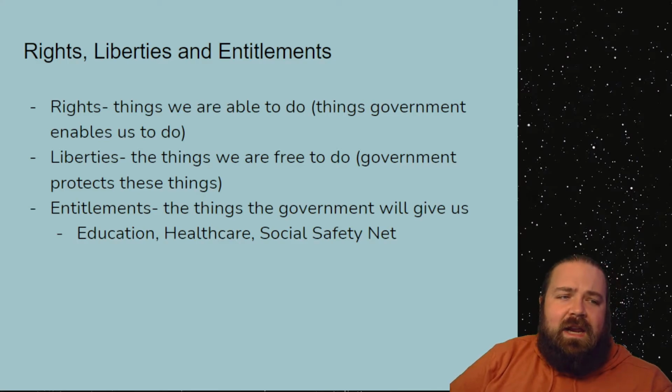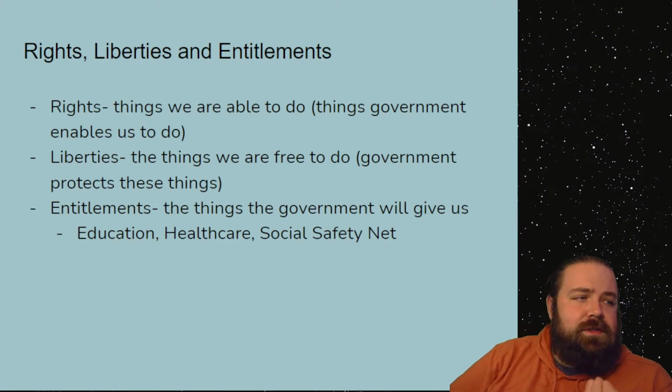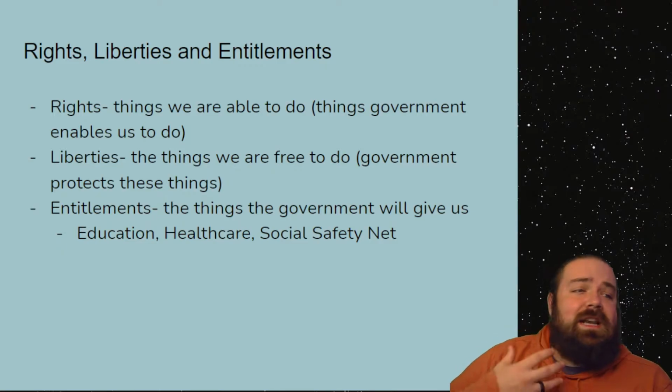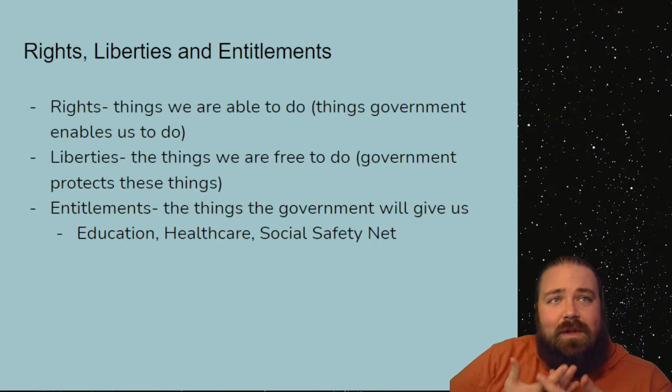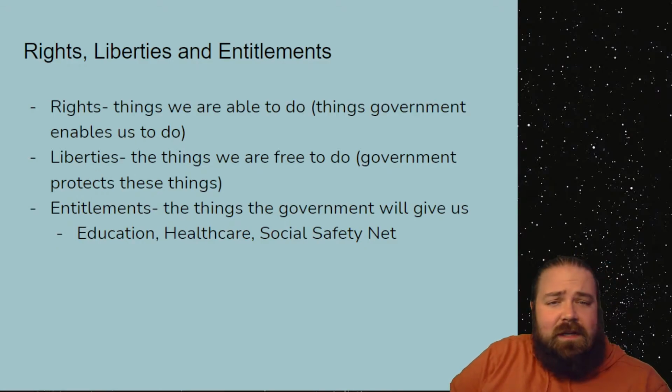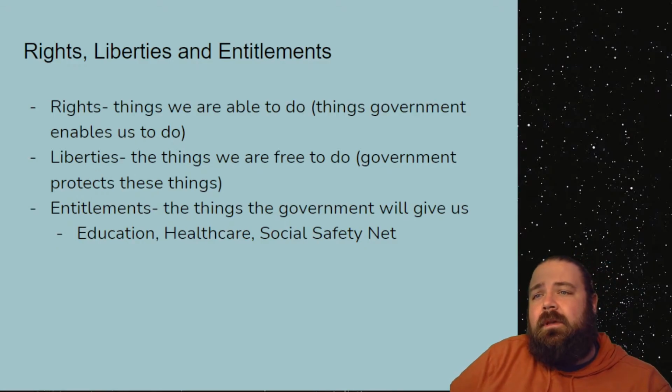The third category we're talking about is entitlements. These are actual goods that are granted to us by the government, that the government actually gives to us. Not just an idea, but an actual tangible good, or a somewhat intangible good, but something that you could actually put a dollar value on. So an education would fit in here. Healthcare could fit in here.